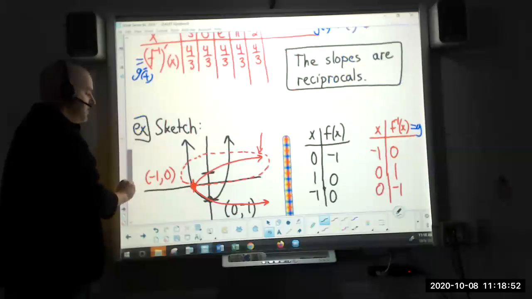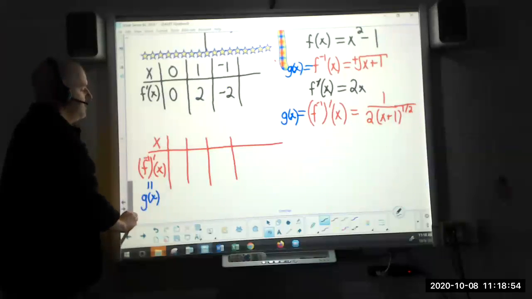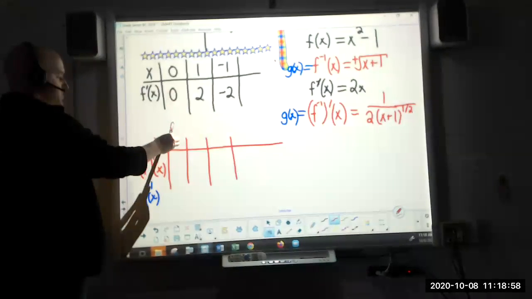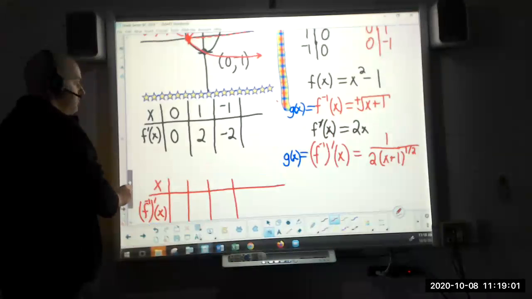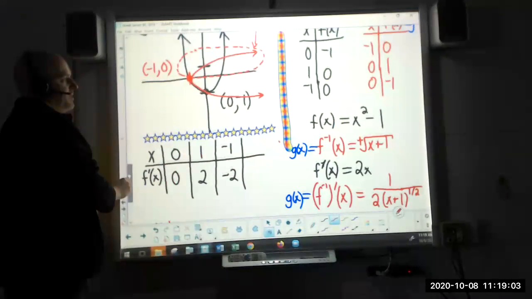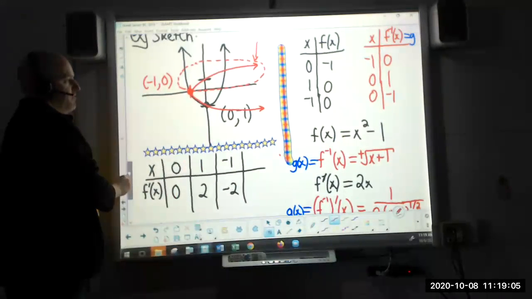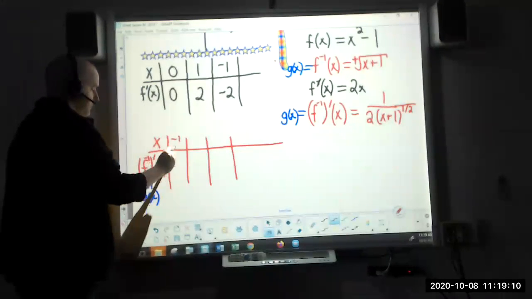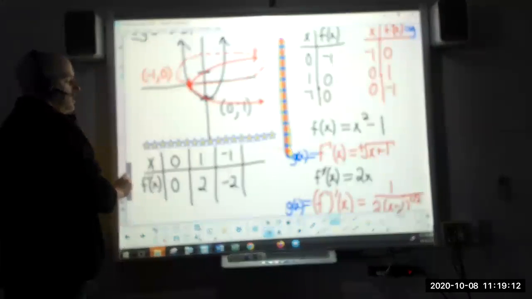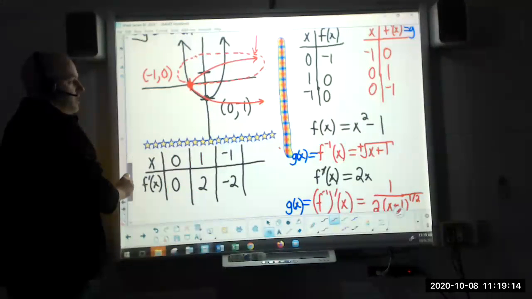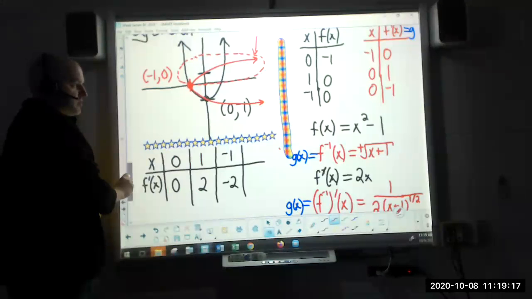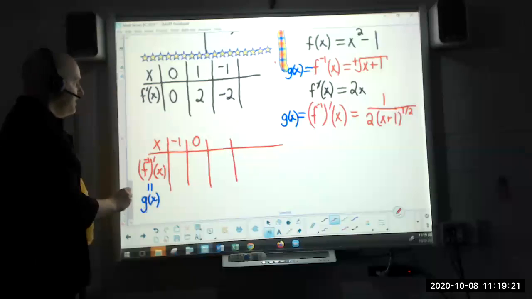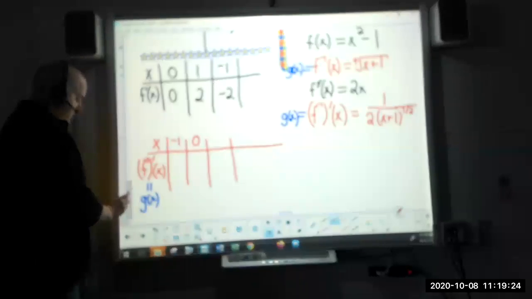I'm going to do the same thing with f inverse prime and f. So I'm not going to match 0 to 0. I'm going to match 0 to the corresponding x value in f inverse, which is -1. Likewise, I'm not going to do 1. I'm going to do 0 because 0 is the corresponding value in f inverse. And then finally, I'm not going to do -1 here.